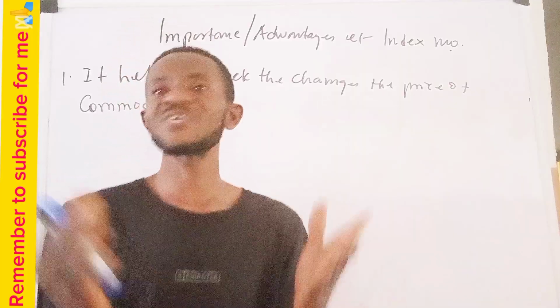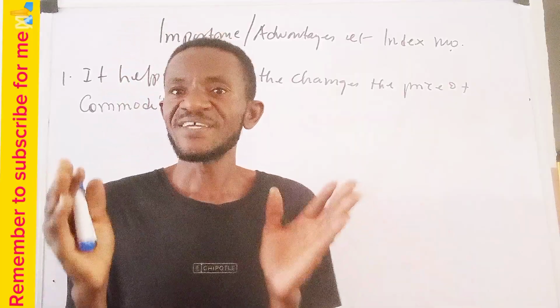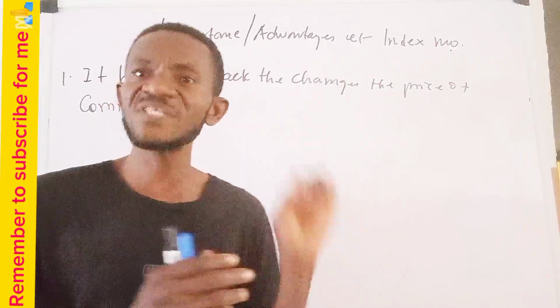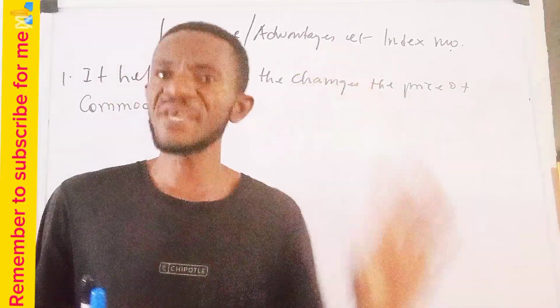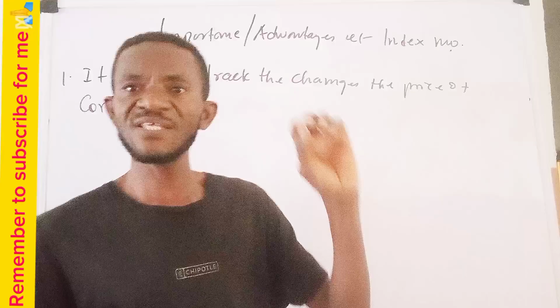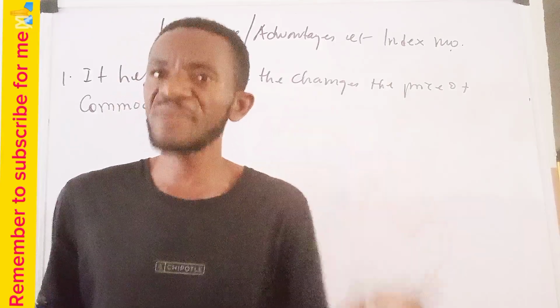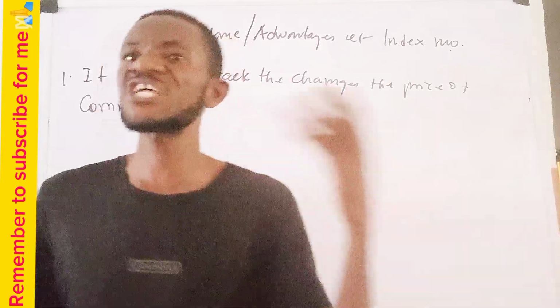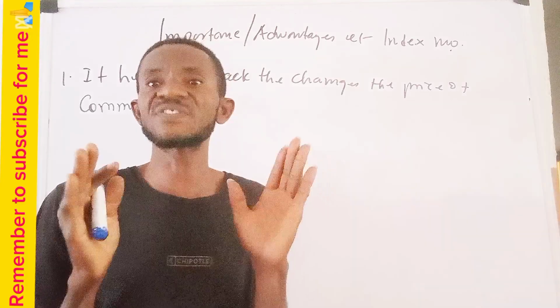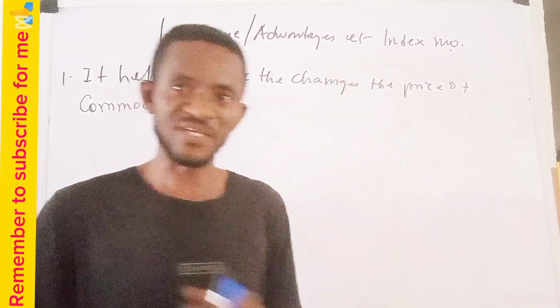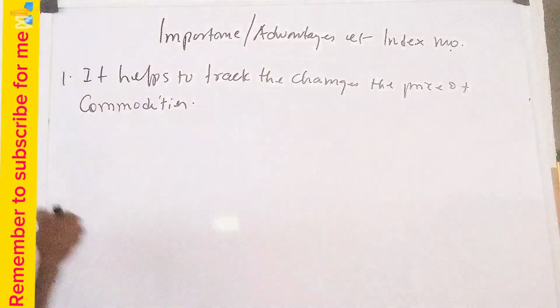So you now see why people say that the index number helps the government in policy making. This policy making is in inflation adjustment, in wage negotiation, and in seeing changes in the economy.